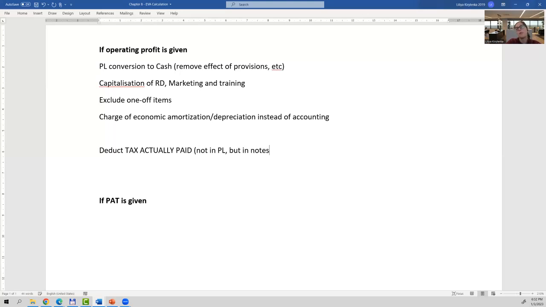So you will be told that you will see in P&L that tax expense is, let's say, 100, but tax actually paid was 105, then you will take 105. However, we will also need to deduct extra tax. We will deduct tax relief on finance cost, which is going to be calculated as finance cost multiplied by tax rate.